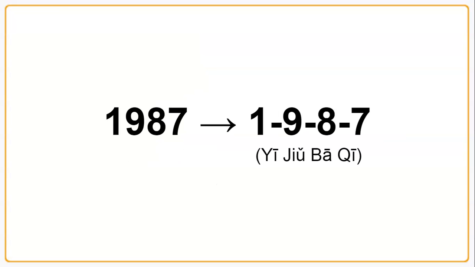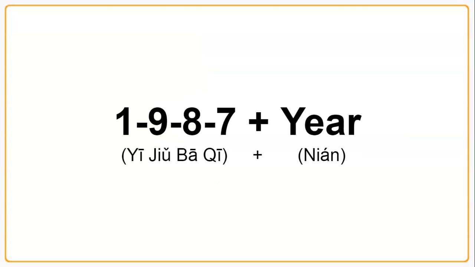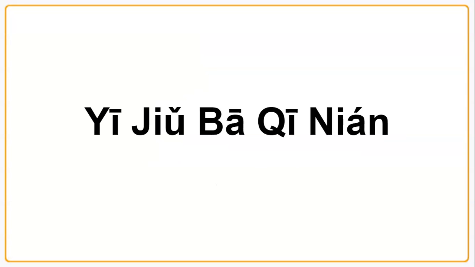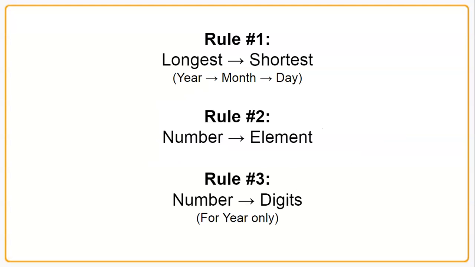So that's 1987. Next, all we have to do is add the time element, which is year. So that becomes 1987 year, or 1987年. Got it? Great.